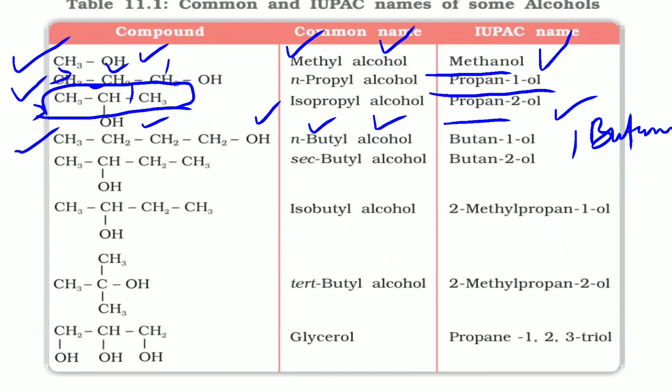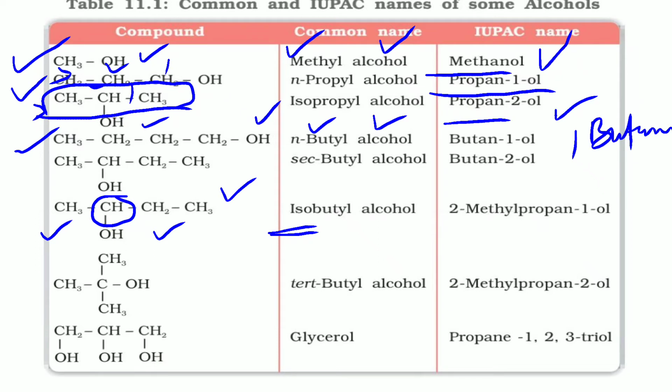Now in the next case you can see isobutyl alcohol, because the OH group is attached to a carbon which is surrounded by 2 other carbons. So this is secondary, and when a secondary carbon is present, we write iso when writing the common name. There are 4 carbons, so isobutyl alcohol.